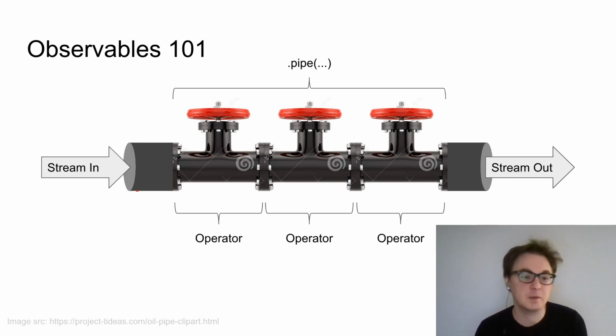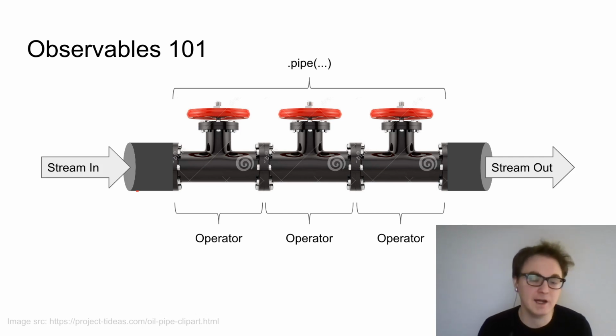The idea is that an observable is kind of like a promise, but instead of representing a single event, it's going to represent a stream of values. And so you have values coming in on the left, and then you can have 0 or more operators. So if you don't have any operators, you don't need a pipe.